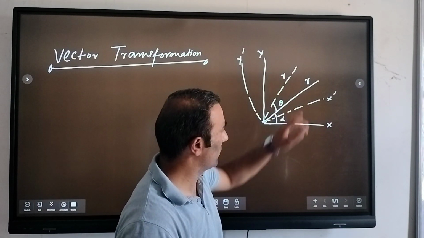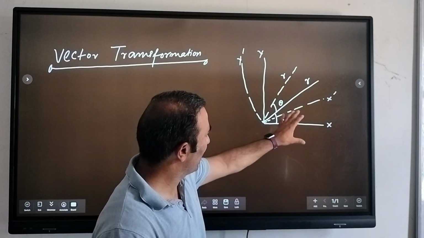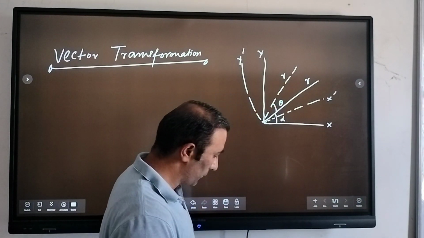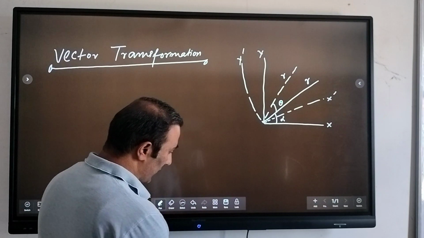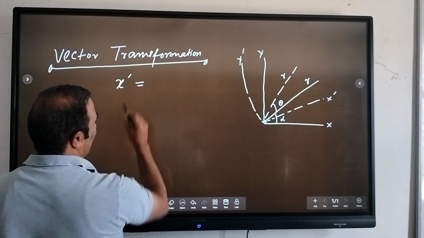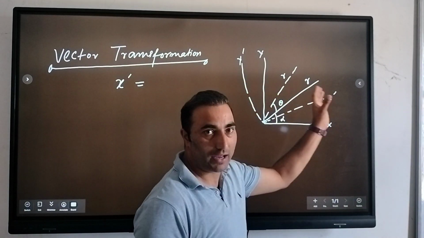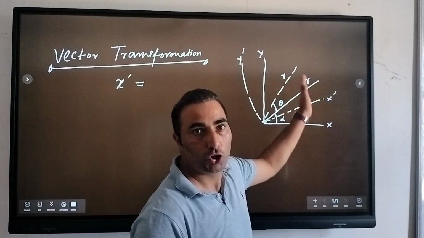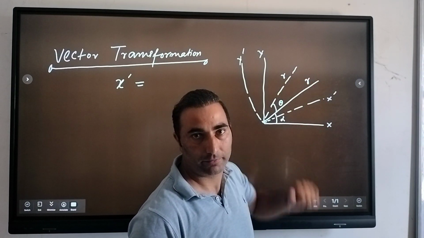So our vector is some r in the xy plane, and we are rotating it about the z-axis. How can we write this transformation, how can we relate x prime when we move this vector from the xy plane to the x prime y prime plane?